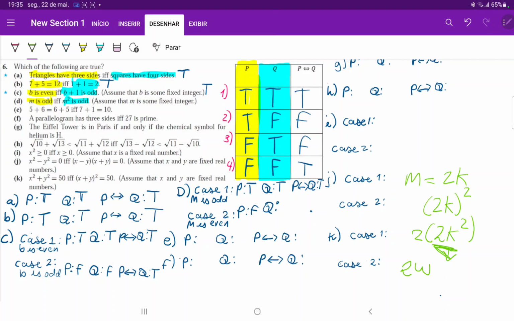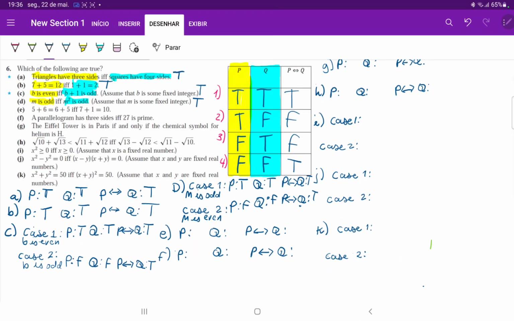So the square is also even, right? So q is clearly false because m squared is not odd. So false, and therefore the biconditional here is true, right? By line number 4, where we have false, false, and true. So for this one, I'm going to say that this one is true.